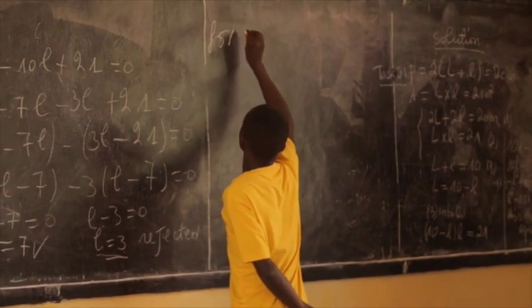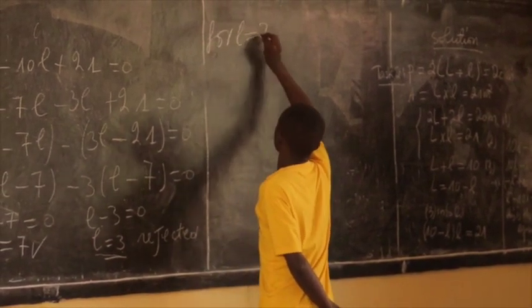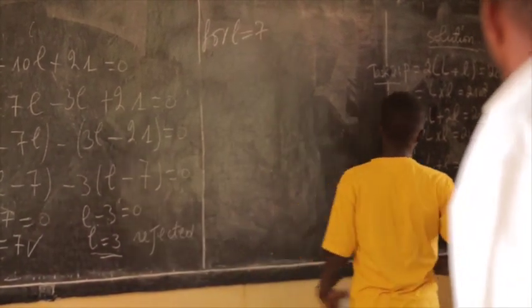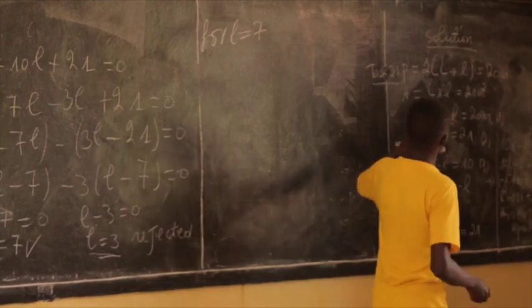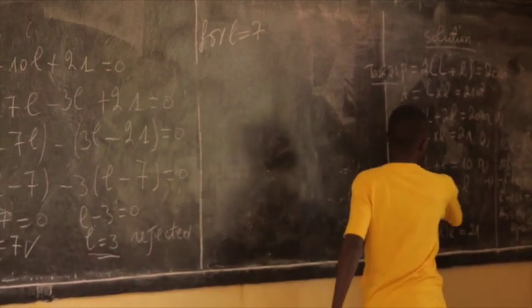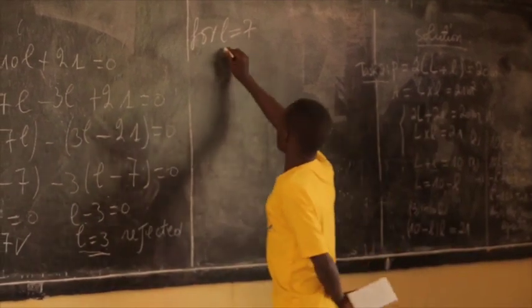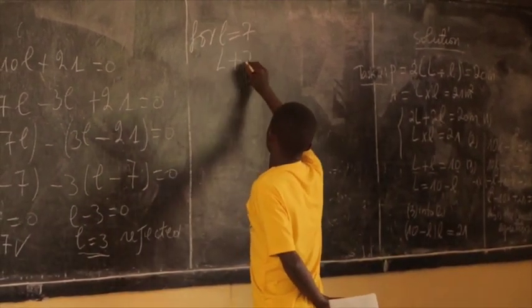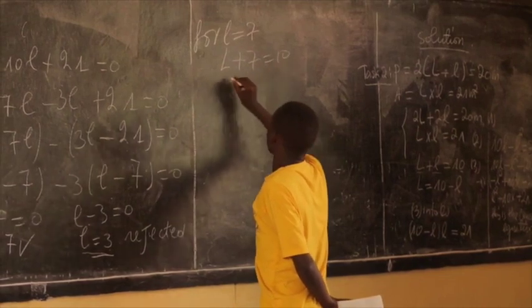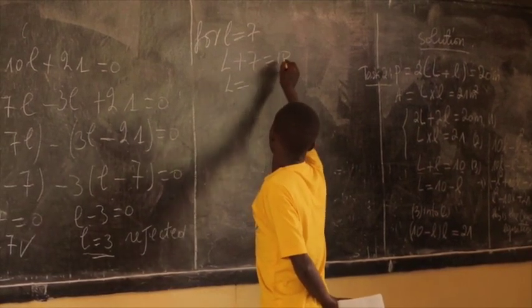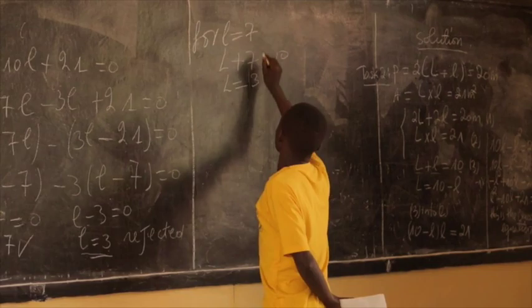For L is equal to 7. For the first equation, we have length plus width is equal to 10. And it means L plus 7 is equal to 10. L is equal to 10 minus 7 is equal to 3.